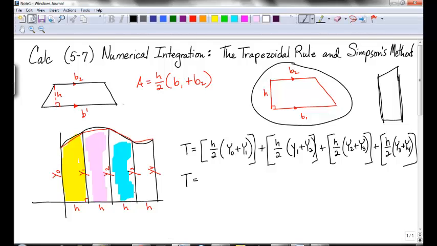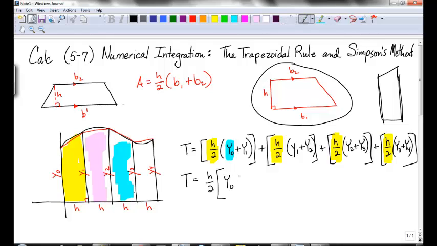Okay, now, what's in common in each term? I'm going to take that out. If I take out the h over 2, then you see that I would have 1 y sub 0. That's the only one of those.